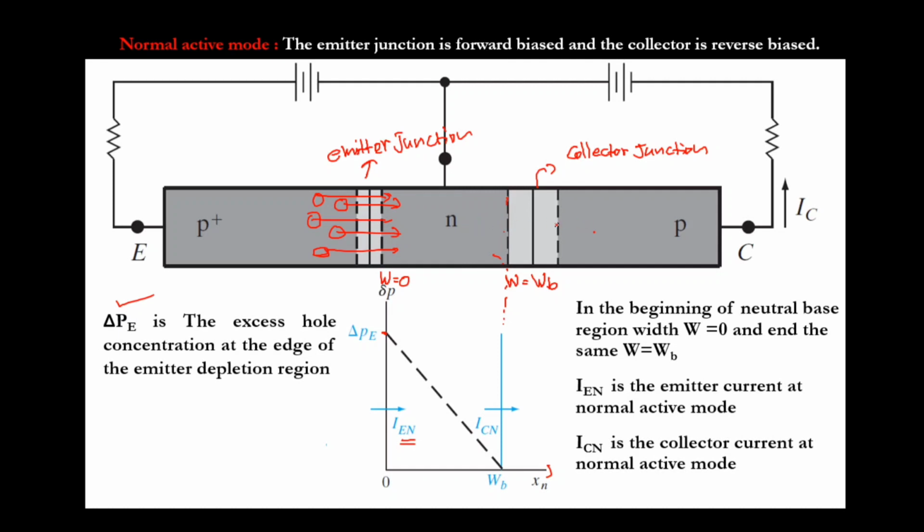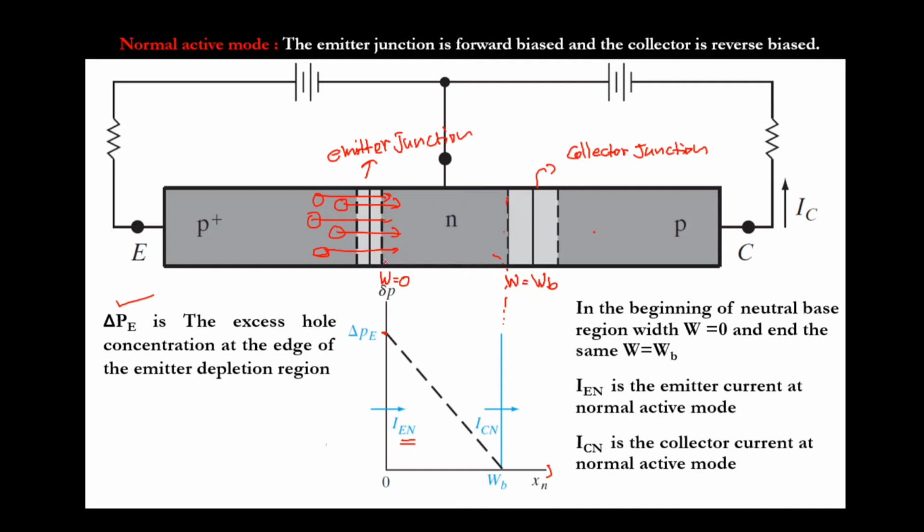But when you look at this area, you cannot see any hole concentration, because as soon as the hole comes to this point, it will be taken into the collector region. So the concentration will not be there.